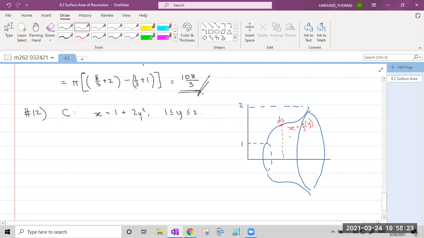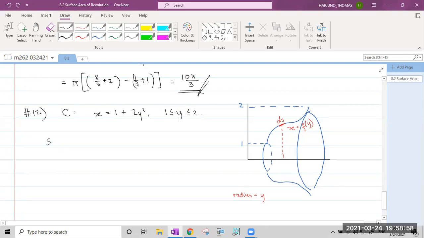Now, what is the radius? Radius is y, right? Do we need to change that in terms of x? No need, because we will integrate along the y-axis instead. You will integrate this way, not this way. So think of it as if your x and y now change roles.